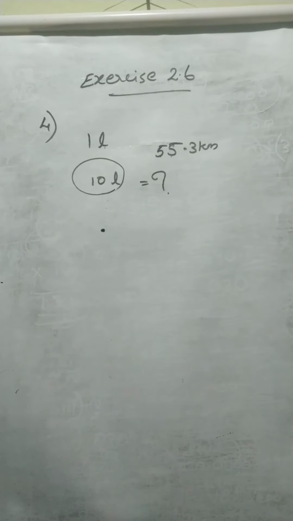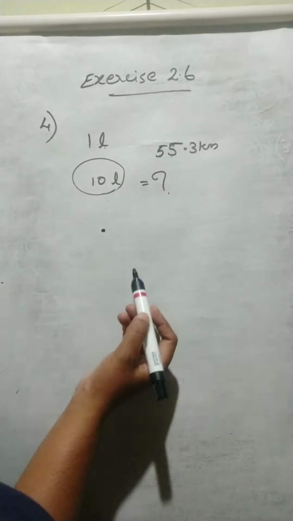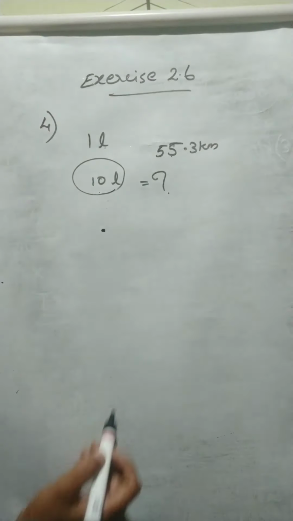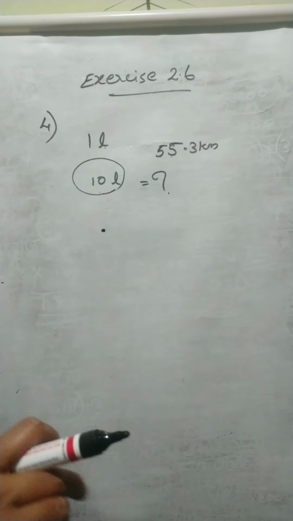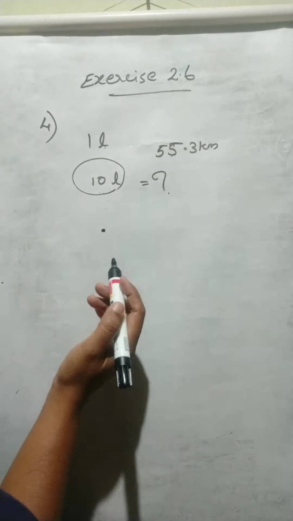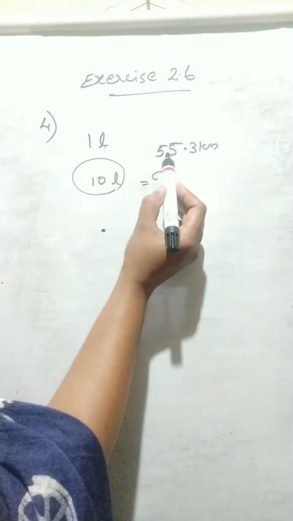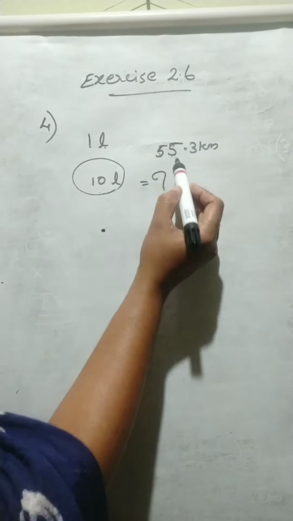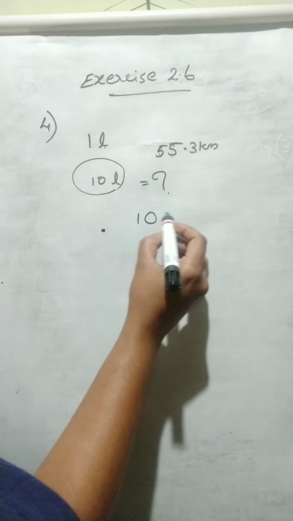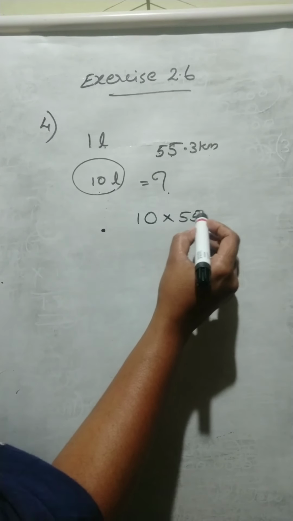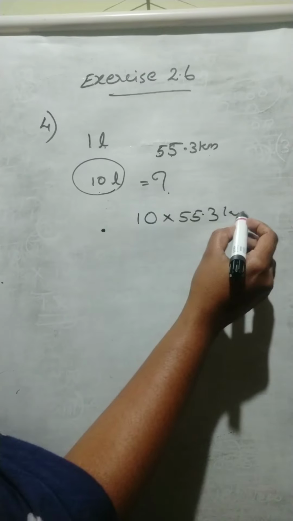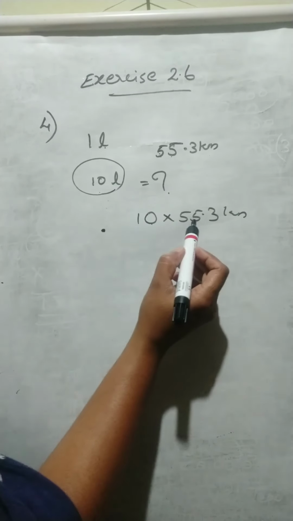What is the question? How much distance can be covered by using 10 liters of petrol? By using 1 liter, 55.3. So how many times? 10 times 55.3 kilometers.